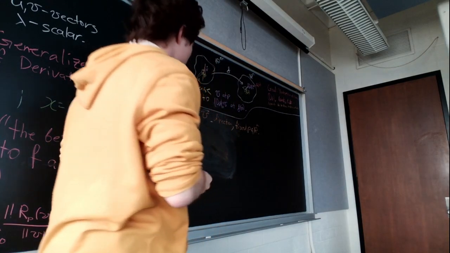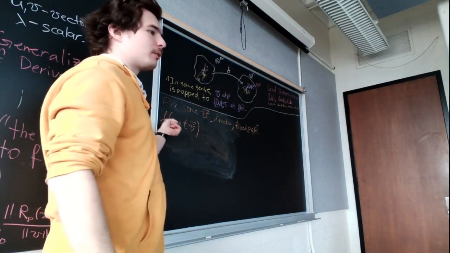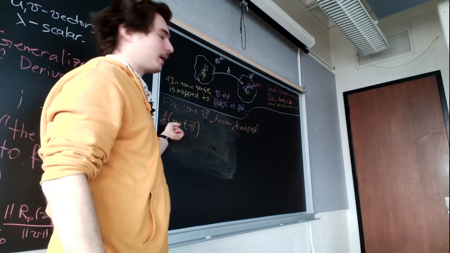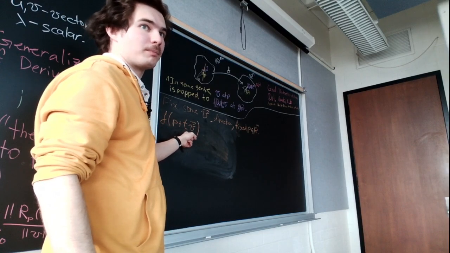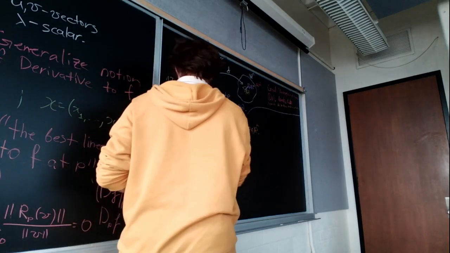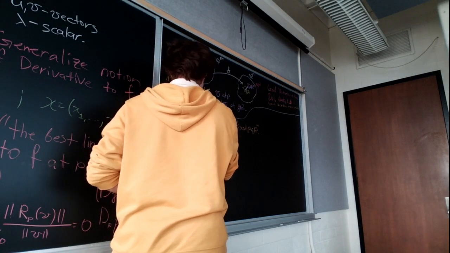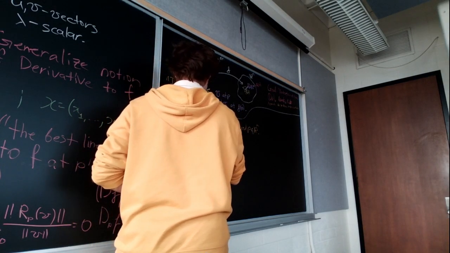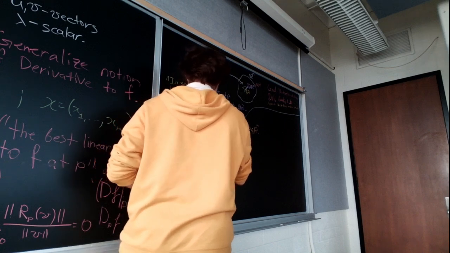Okay? So I would expect that whatever best linear approximation I compute by taking a derivative with respect to t should coincide with what? It should coincide with df at p applied to v.